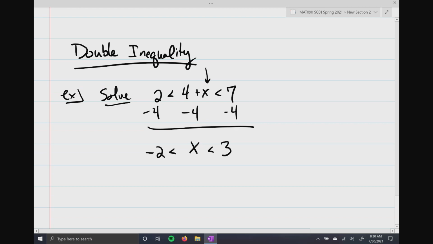So now what we're going to do is graph it and write our answer in interval notation. What I like to do is come directly underneath, put my lines, and write negative 2 and 3 respectively. Okay? So from here, this is the way we need to think about this.